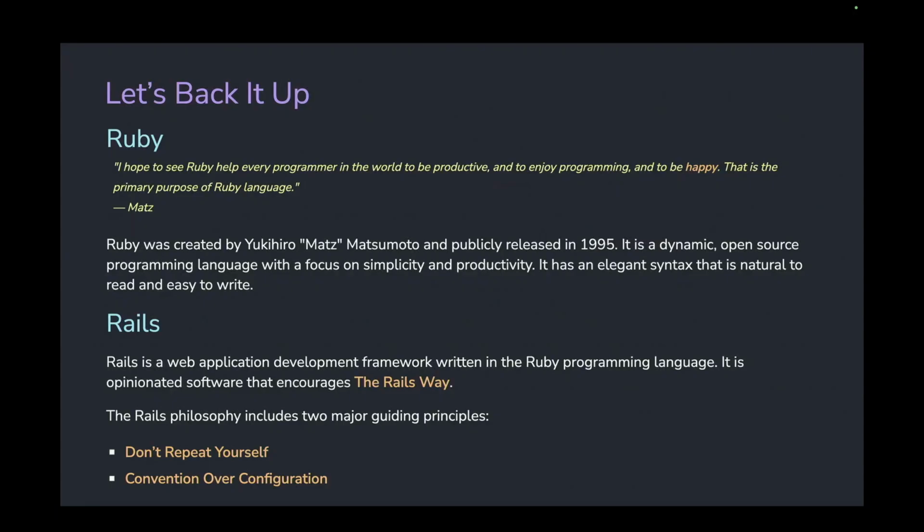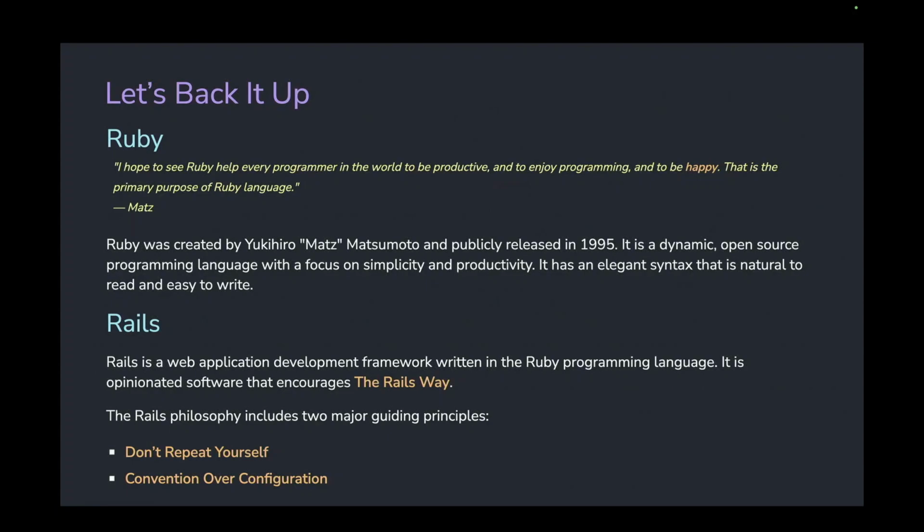Many of you probably have heard of don't repeat yourself. It's abbreviated to DRY, D-R-Y, and it's a principle that states every piece of knowledge must have a single, unambiguous, authoritative representation within a system.